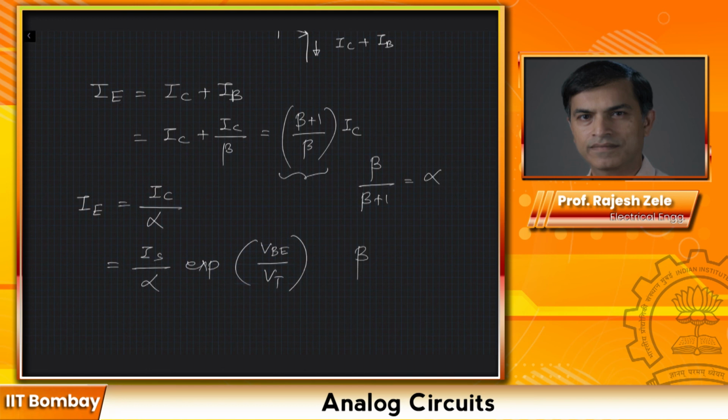So refreshing again, beta is called the current gain and is generally very high, and alpha is very close to 1. If beta is high, then beta divided by beta plus 1 should be less than 1 but pretty close to 1.